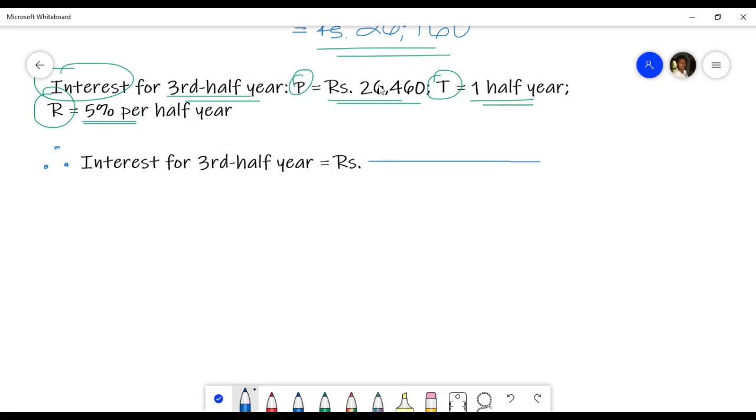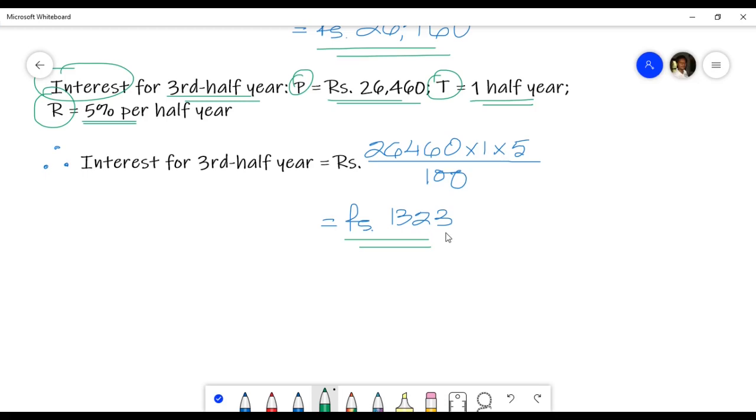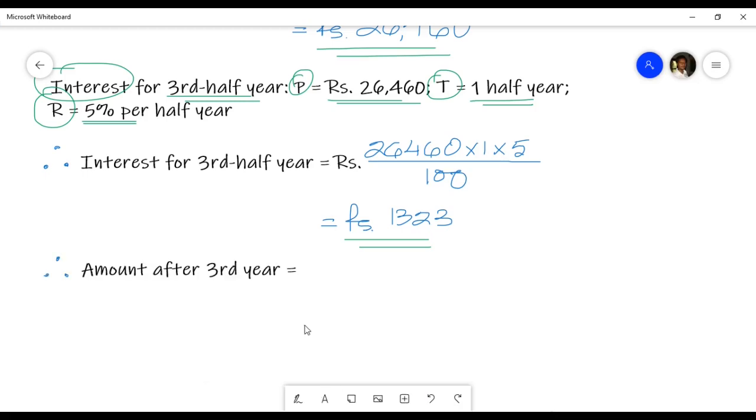We just replace the values in the formula, principal into time into rate by 100, and when you calculate that, the interest for the third half year will be rupees 1323.